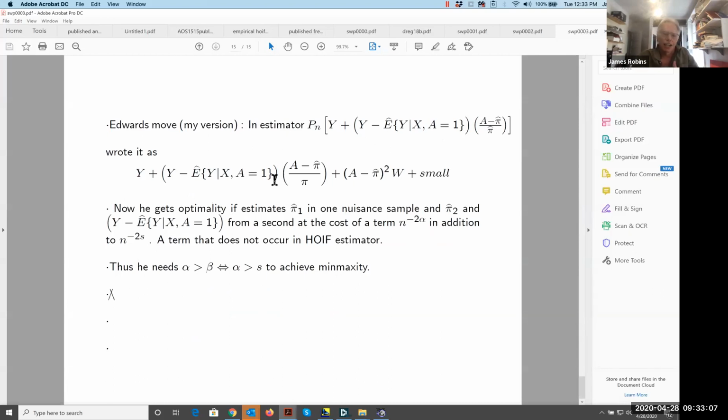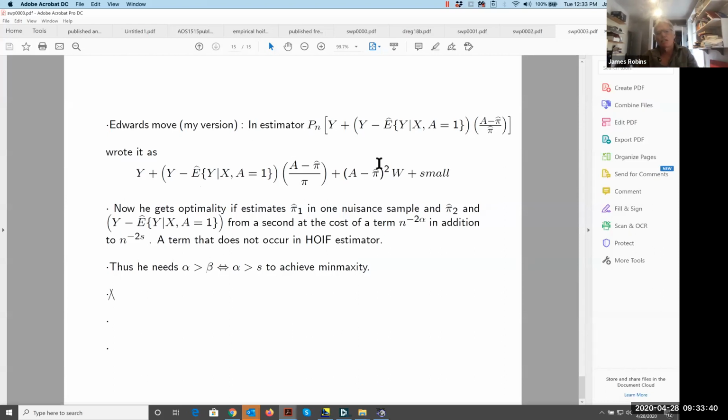So what I think essentially Edward did is he expanded this around pi hat to get a term that looks like this with a real pi there. So now this is of the form of two linear conditional expectations. So that's where he got the n to the minus 2s, because that's as good as a higher order influence function. Unfortunately, he paid for it with a term that, if you do the expansion, looks like a pi minus pi hat squared times some random variable plus something small.